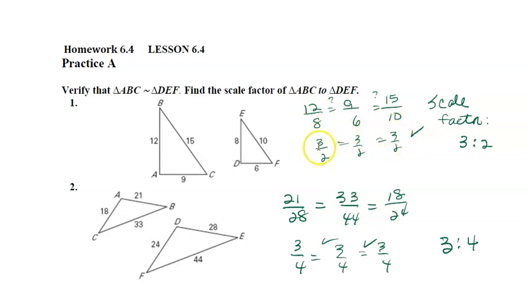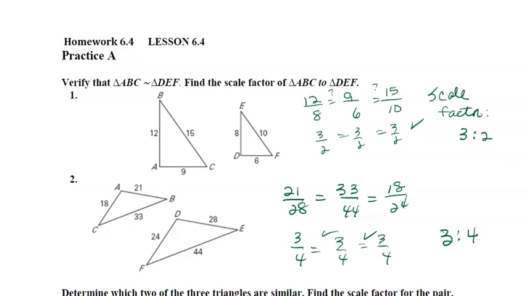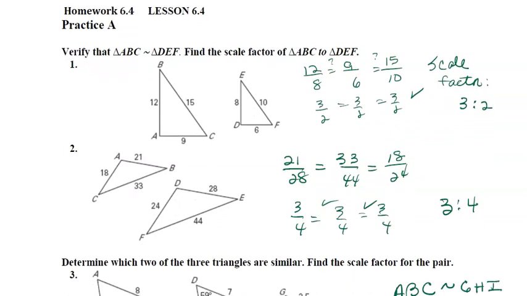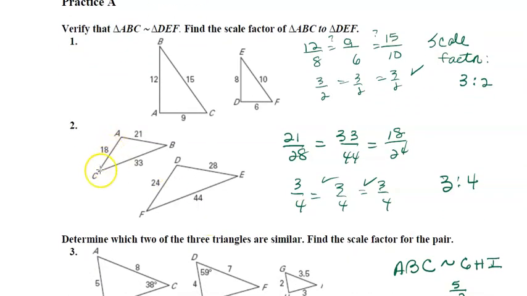Therefore, the scale factor you can write as 3/2, or you can write as 3 is to 2 with a colon in between. Okay, so let's do the same thing for the next one. It's also side, side, side, similarity. I'm looking at A, B, C, D, E, F. Okay, so I see the directionality is the same.